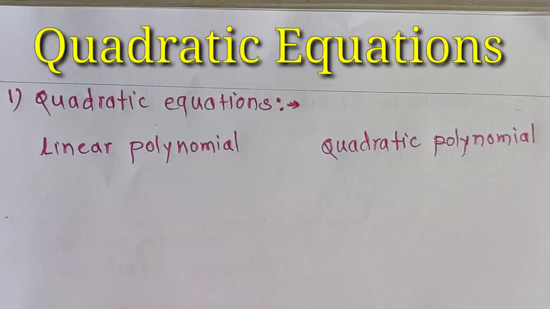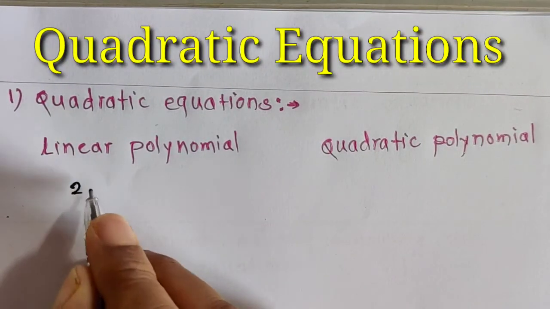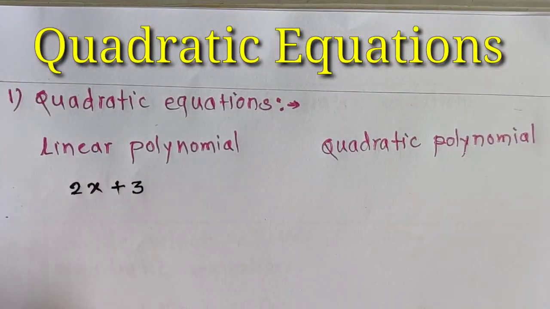Then we studied the degree of a polynomial. The highest index of the variable is called the degree of that polynomial. If the degree of the polynomial is 1, for example 2x plus 3, this is a linear polynomial.